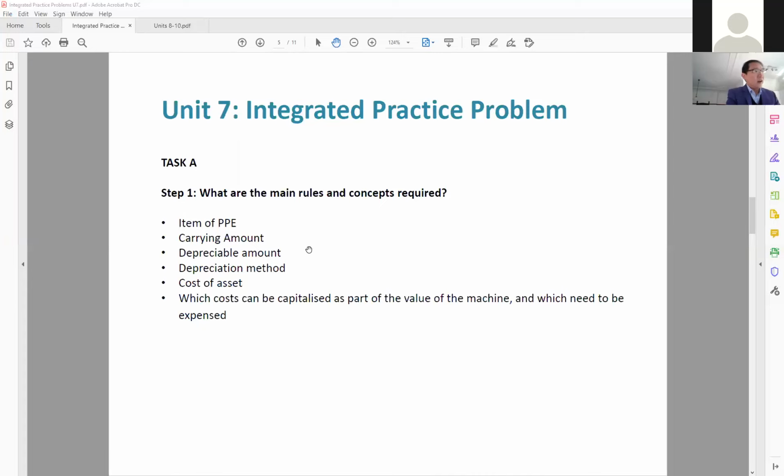We need to think about the carrying amount, the depreciation amount, the depreciation method, what is the cost of the asset, and are there any costs that we can capitalize? And obviously there's going to be that borrowing cost component. So that's broadly what we need to think about: what is the asset, and what should we include as the cost?